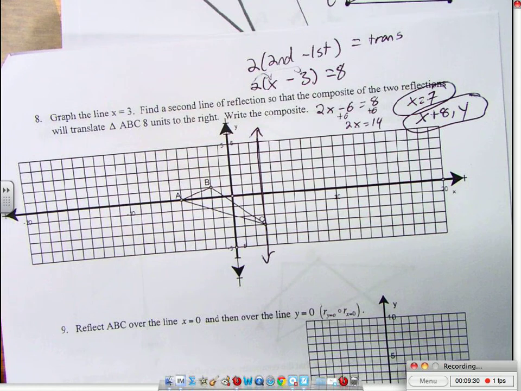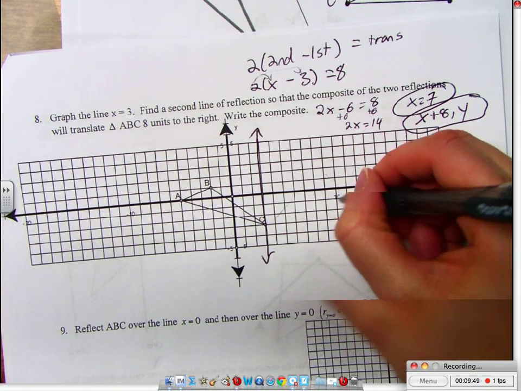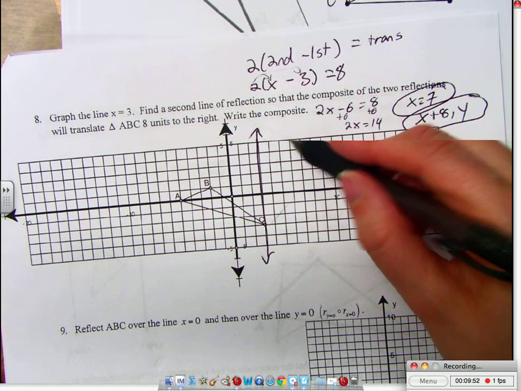Any questions about this? Why didn't you do anything on the graph? You don't have to. The graph is there if you need it. You could totally reflect this over this line and then figure out what you would have to reflect over to move 8. Okay?